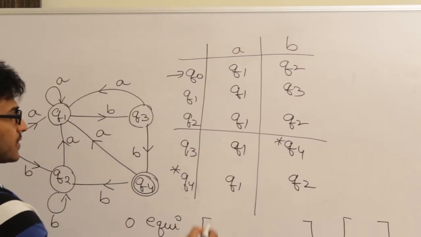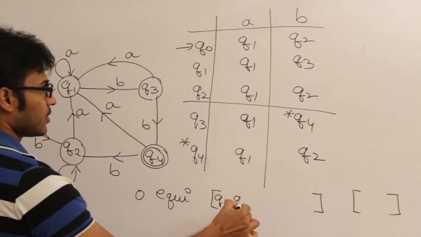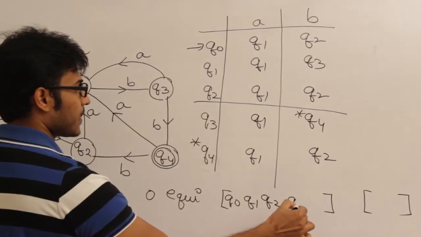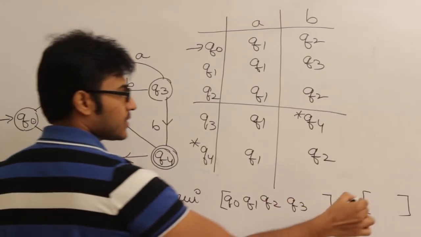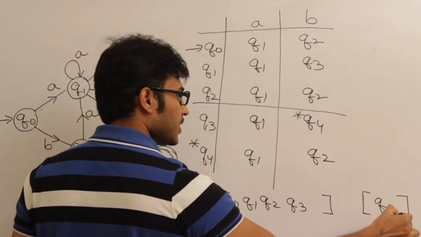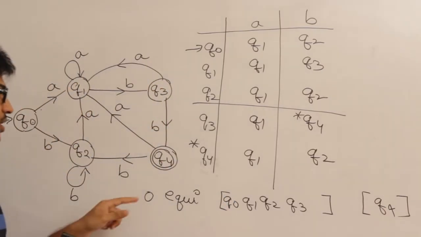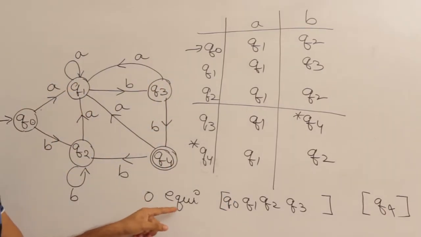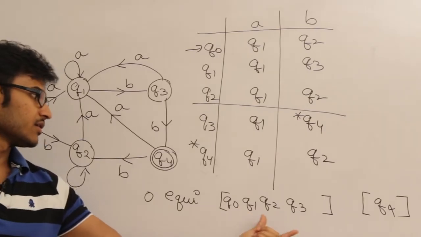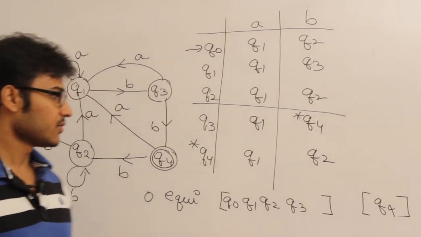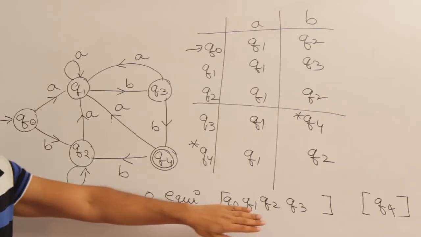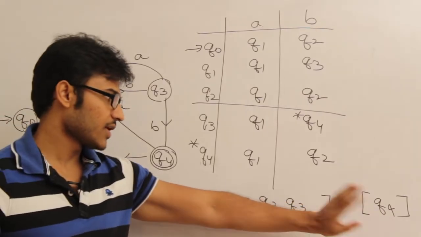What are the non-final states? Q0, Q1, Q2, Q3. What are the final states? Q4. So initially this is the starting point. Start with zero equivalent. These are all zero equivalent and these are all zero equivalent, which means the set of all non-final states and the set of all final states.